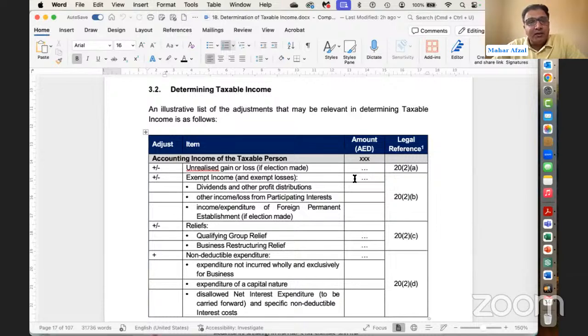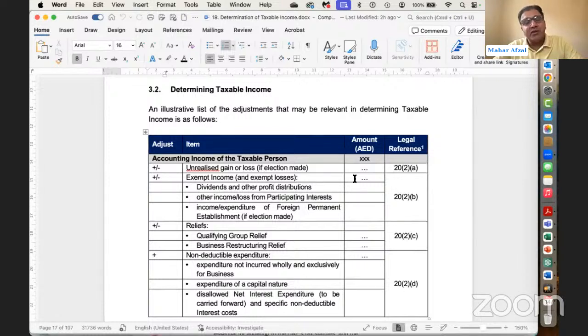In determining taxable income, we discussed in the very beginning that there are 2 different approaches to calculate the taxable income: the direct approach and the indirect approach. In the direct approach, you take your taxable supply starting from the sales, deduct cost of goods sold, deduct relevant allowable expenses, and then arrive at the taxable income.